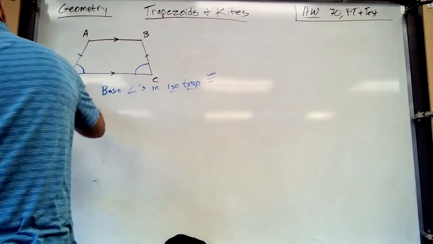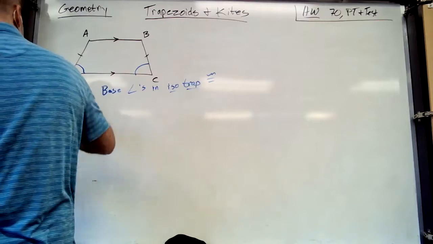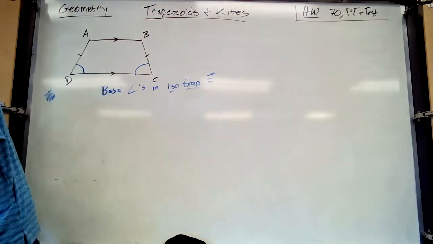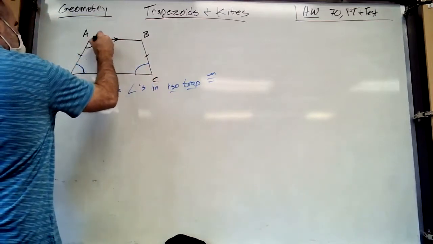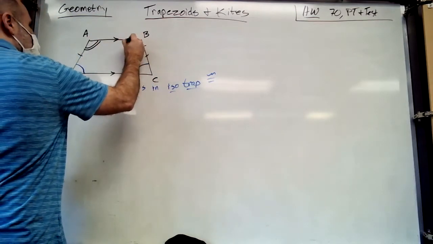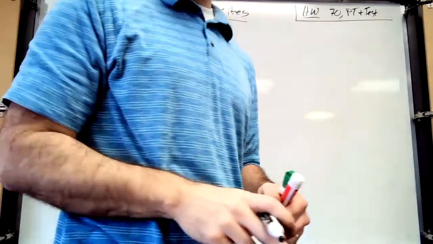No, it's not a theorem. It's just properties. Property of an isosceles trapezoid. So not only are these the base angles, these are the base angles as well. So D and C are going to be congruent, and A and B are going to be congruent.